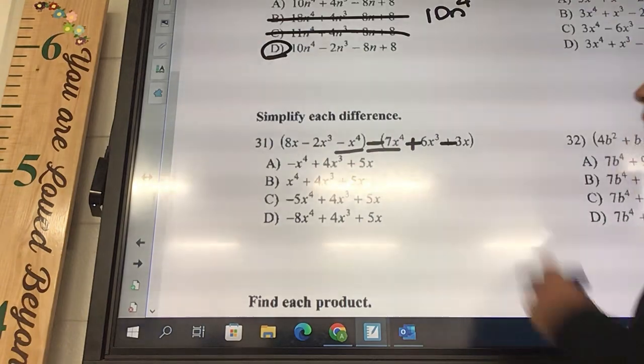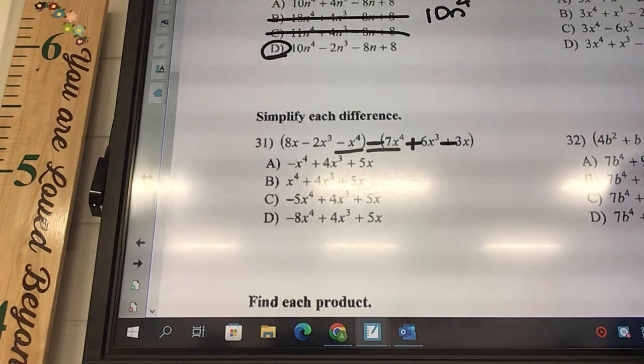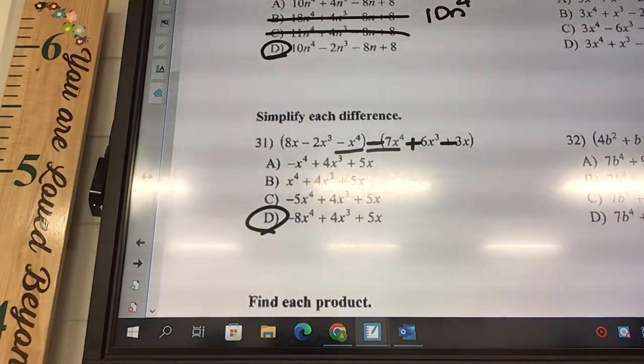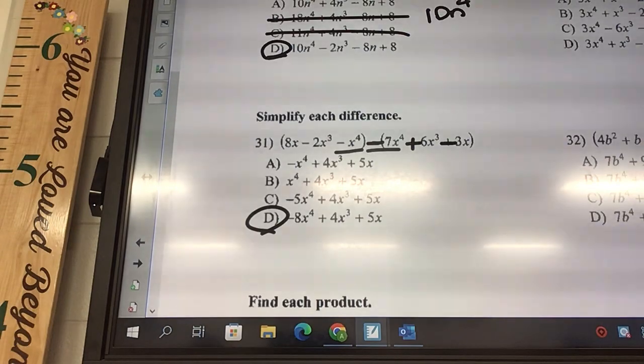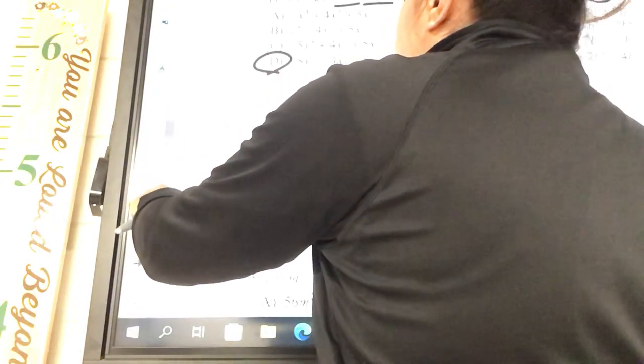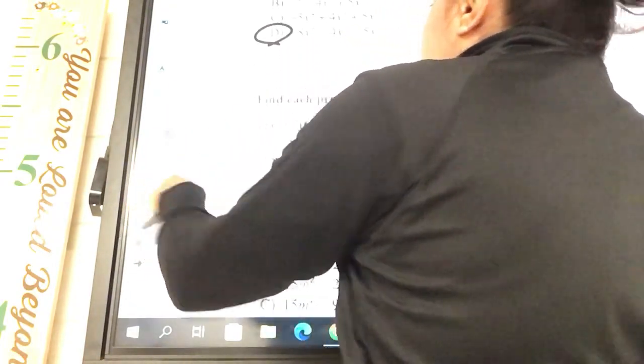What is that going to give me? Negative 8. What answer choice is that? D. Without even having to continue to combine, stop as soon as you can. We got about maybe 9 left.